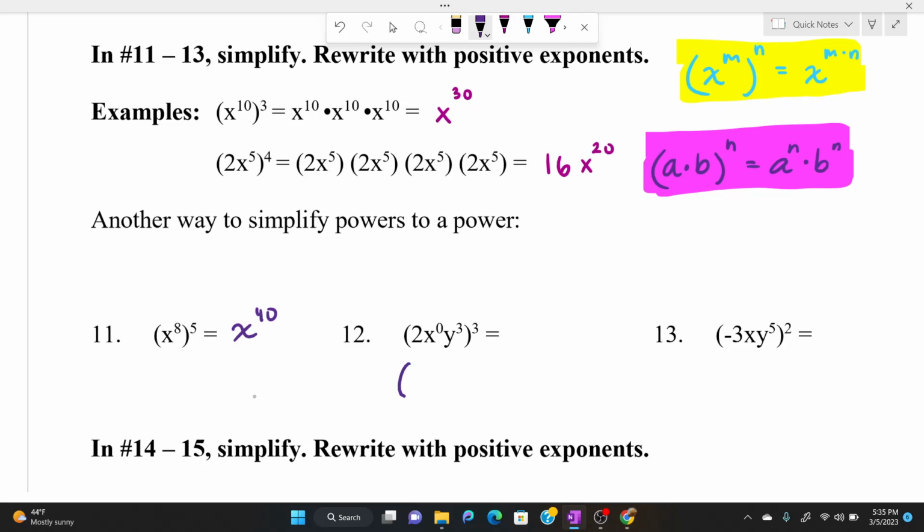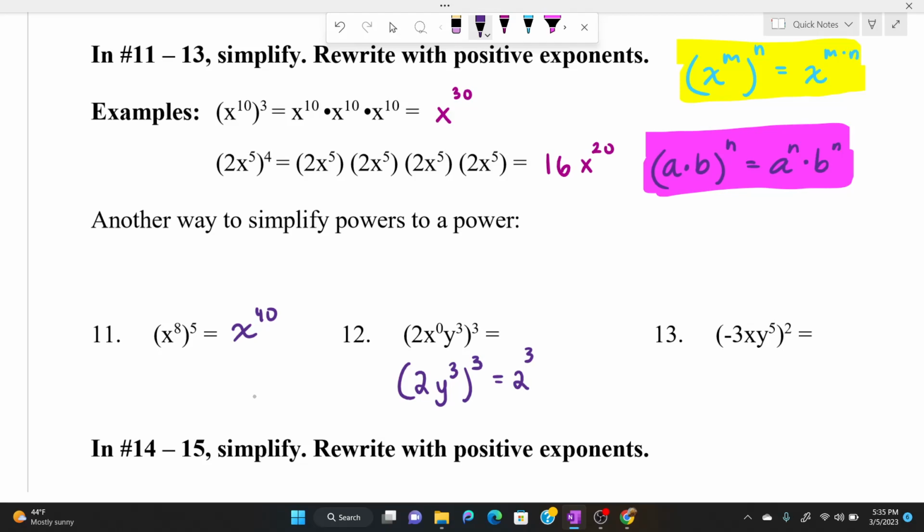You can always simplify within the parentheses first. So this is really just 2y to the third because I'm multiplying by 1 in here, which I don't need that. I'm trying to trick you guys. I'm sorry. So now I'm using this rule highlighted in purple.